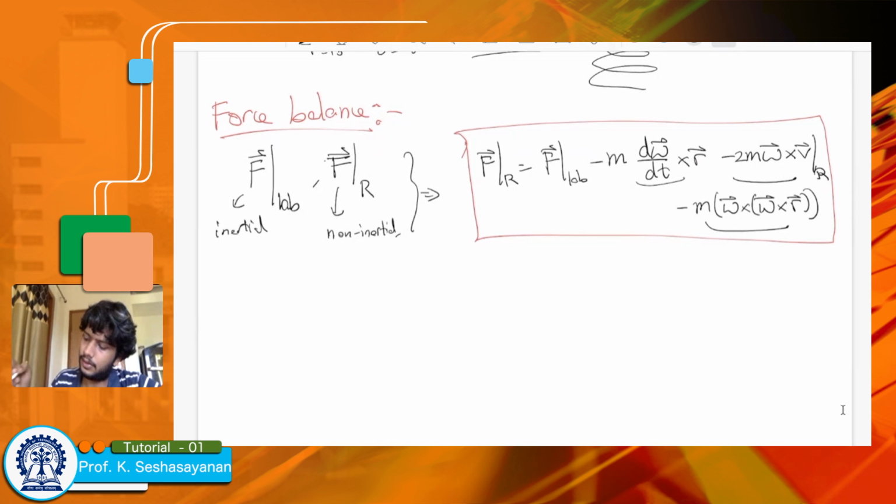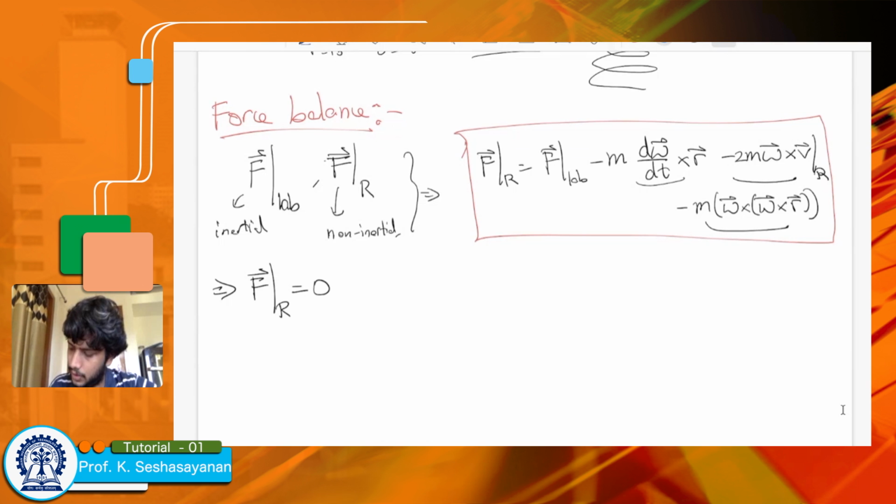So we know that in the rotating frame, for a non-inertial observer, the ant is not accelerating. It's either moving in a constant line towards the center, away from the center, or moving vertically downwards. So this implies that in the rotating frame, the total force acting on it should be equal to 0.